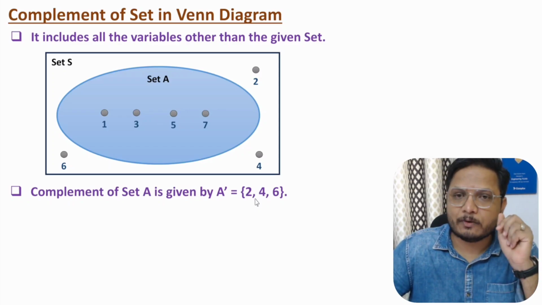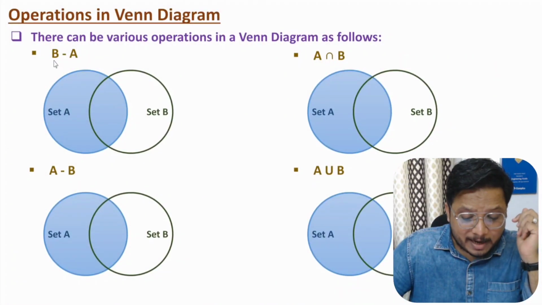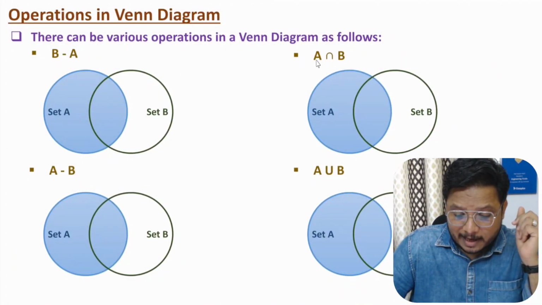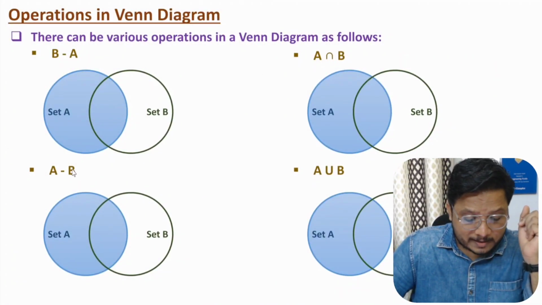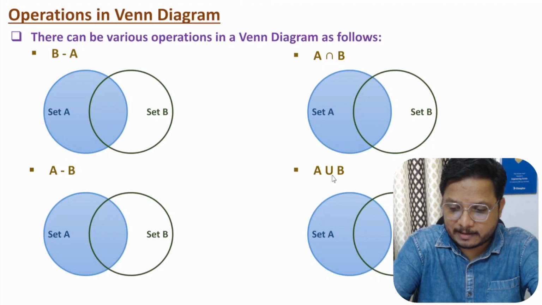Now I'll explain you few more interesting operations like what is B minus A, what is A and B, what is A minus B, and what is A or B. Let me explain this.